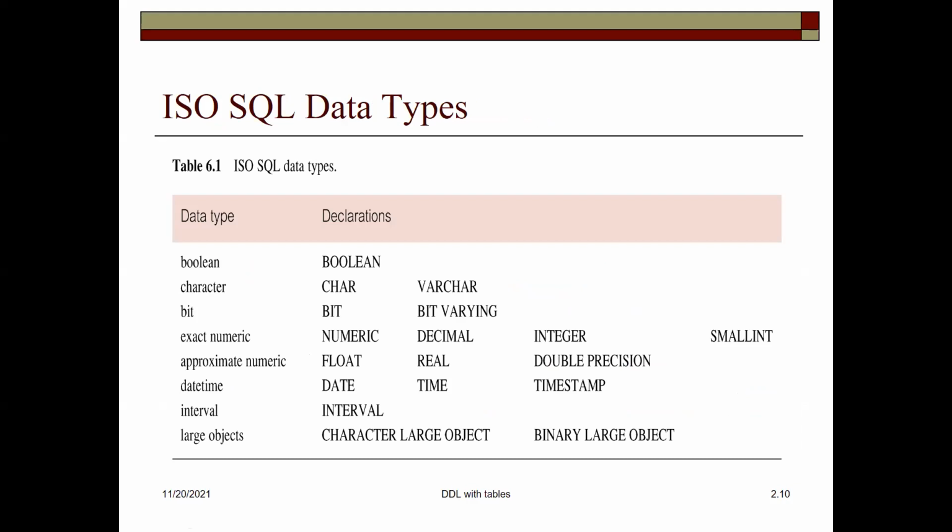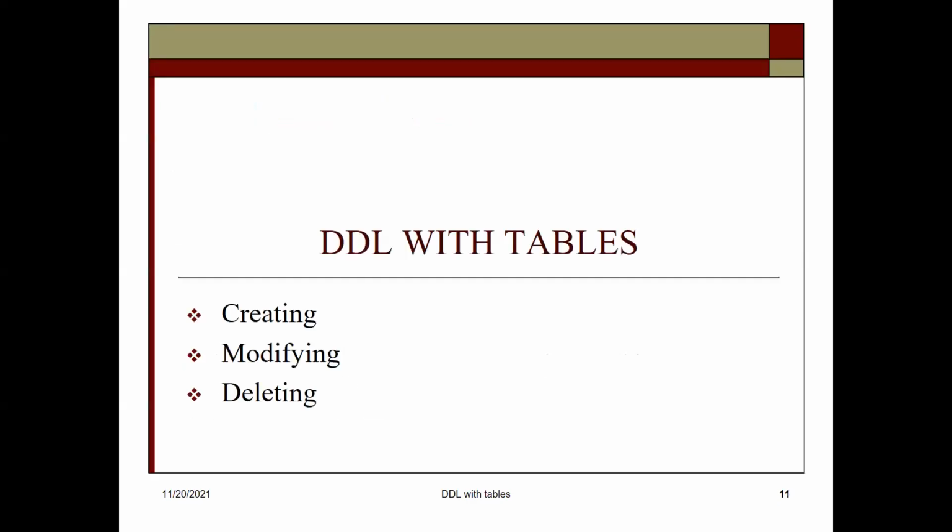There are very many data types, so I want you to go look out for them. What is an int? What is a char? What is a varchar? When I want to use date, what particular data type do I use? Please go and do some search on the data types, because there are quite many.